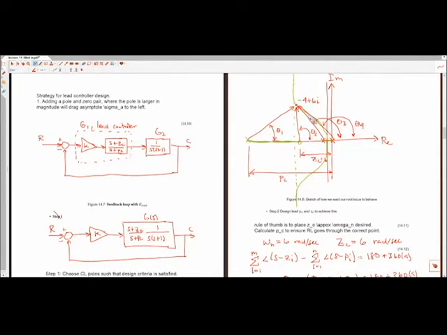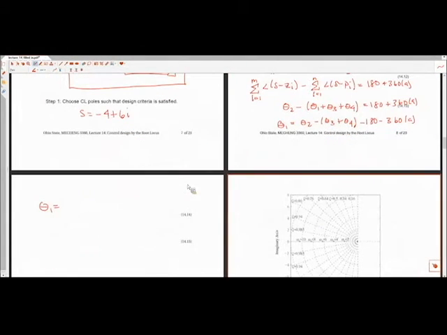So in terms of finding this angle, it's going to have a real direction of +2 and an imaginary direction of +6. So this first angle is going to be inverse tan of 6 over 6 minus 4.